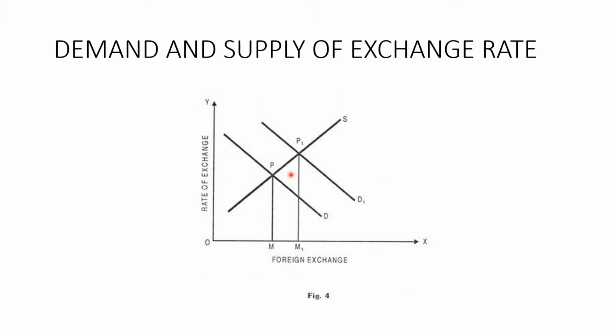So let's say when the rate of exchange is low, it means the value of the home currency depreciates against the foreign currency. Let's see an example. If $1 is equivalent to 60 rupees, so in exchange of $1 we are getting 60 rupees.